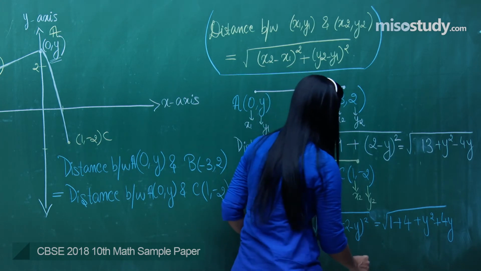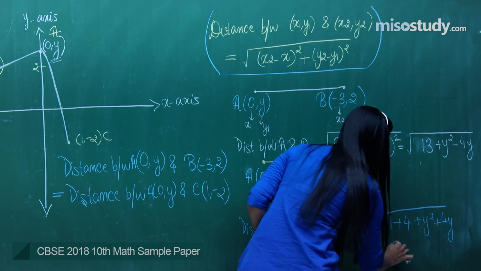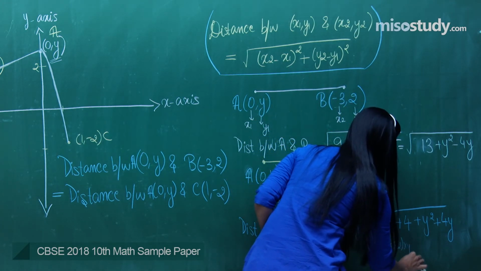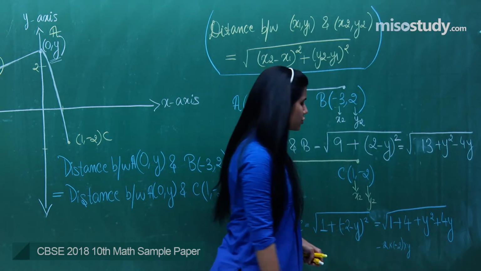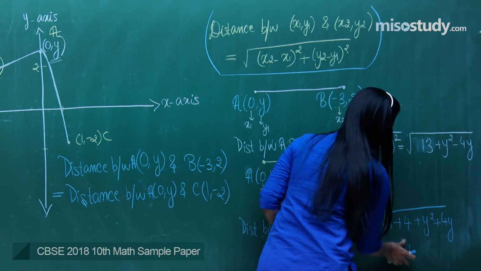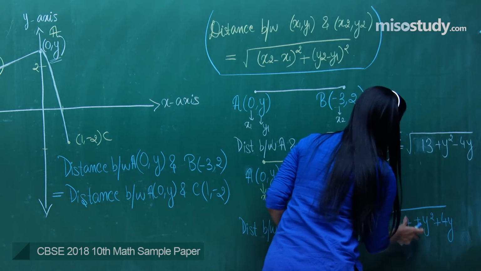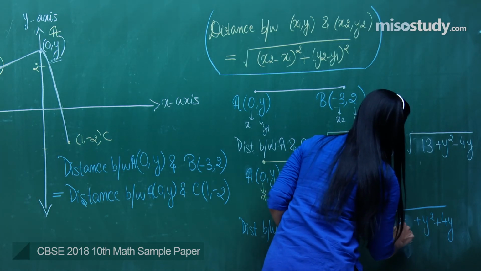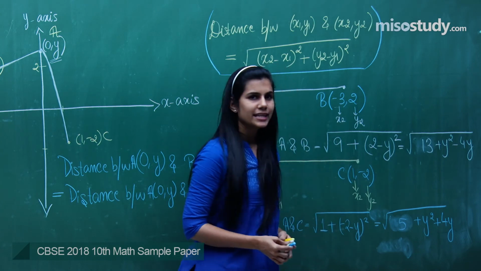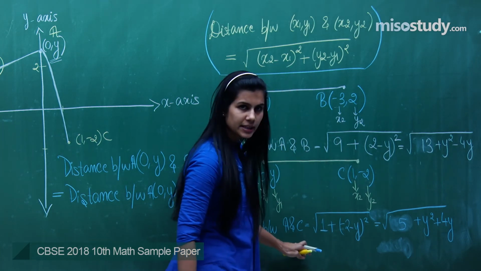Right? Because here you have minus 2 into a into b. Correct? So this gives you 4y. Over here 1 plus 4 delivers you with a 5. And so this is what you get as the distance between A and C.